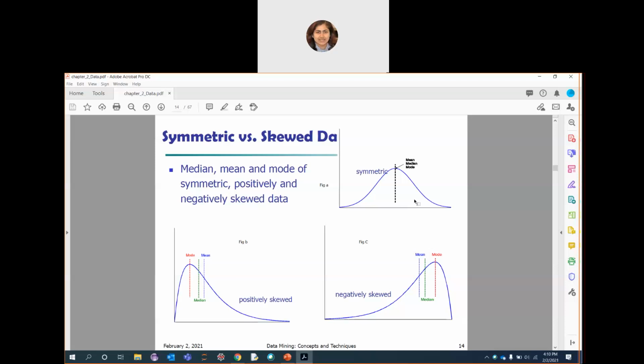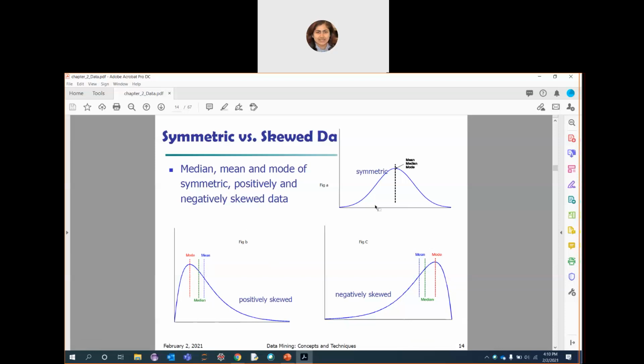Data in most real applications is actually not symmetric most of the time. It may instead be either positively skewed, where the mode occurs at a value that is smaller than the median, as you see here in figure B, or negatively skewed, where the mode occurs at a value larger than the median.